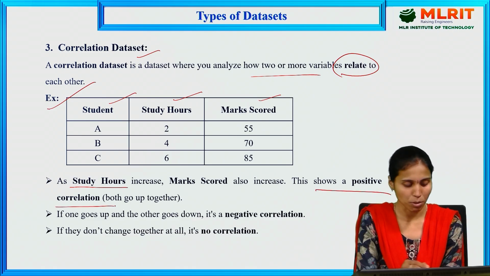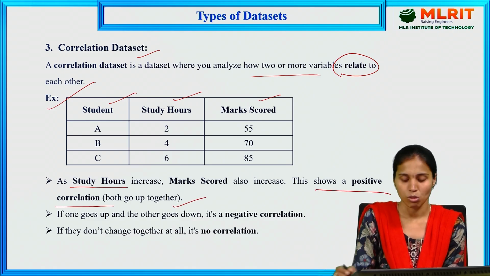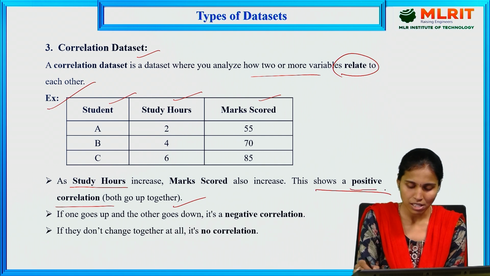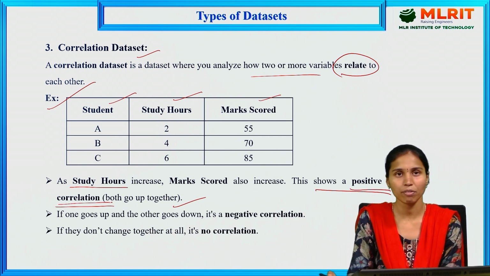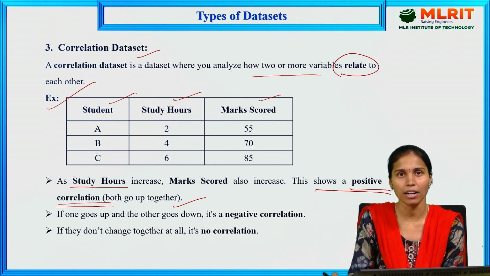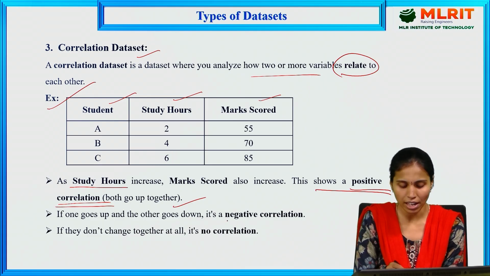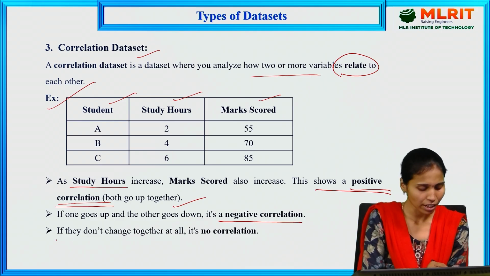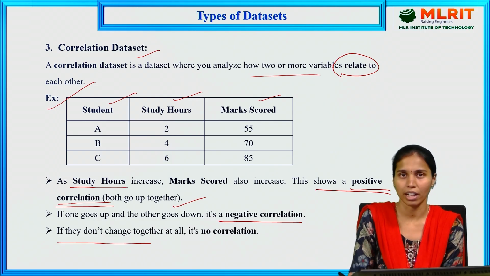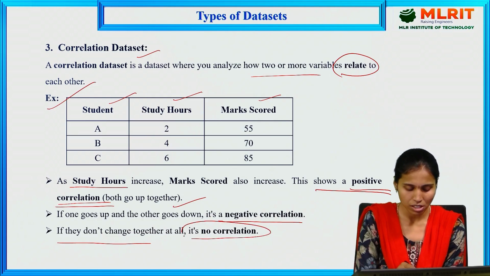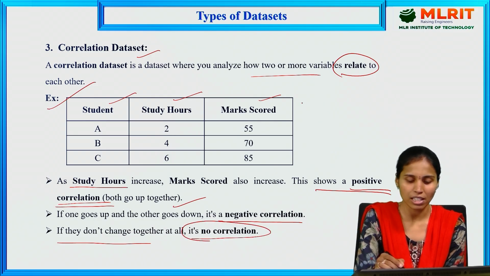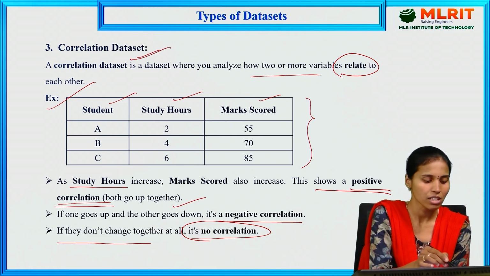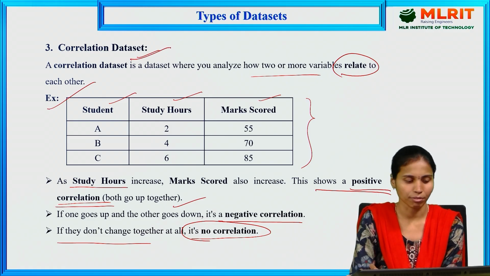Both variables go up together, so it is considered a positive correlation. If one goes up and the other goes down, it is a negative correlation. If they do not change together at all, it is considered no correlation.